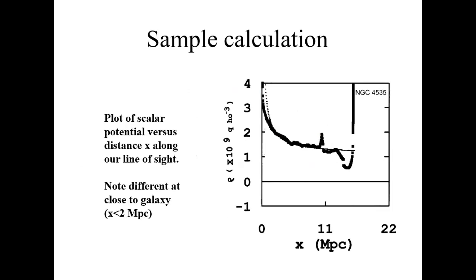Here's another sample calculation for a different galaxy. You can see that one. And here you've got a deviation from 1 over r. Here you've got some real deviations. So this one is going to show a lot of difference from the Hubble relation.